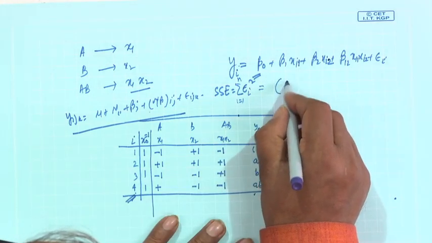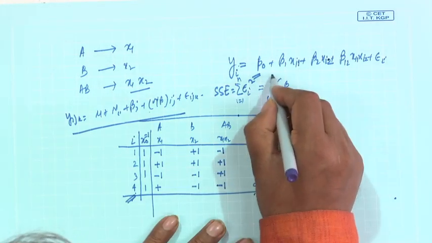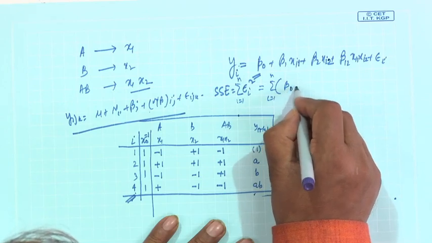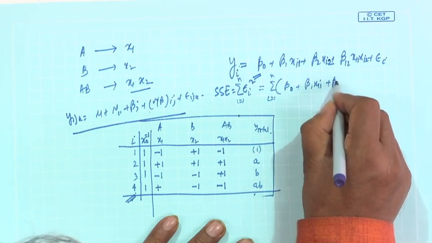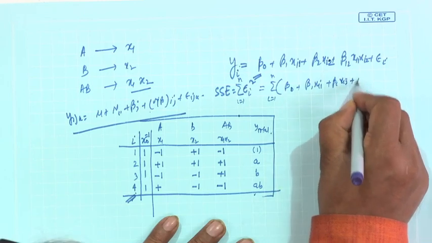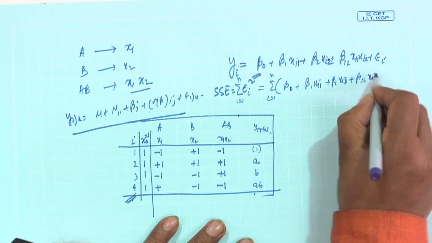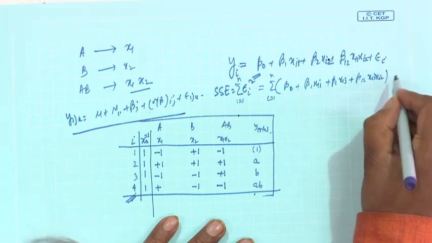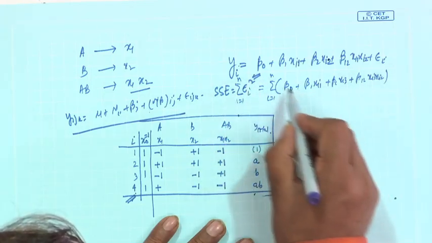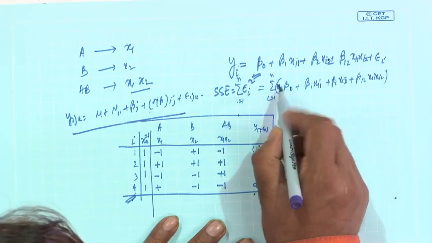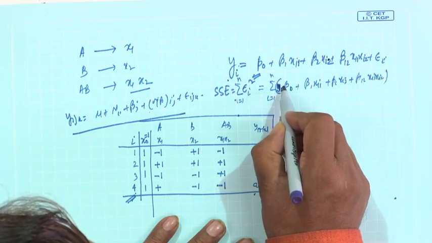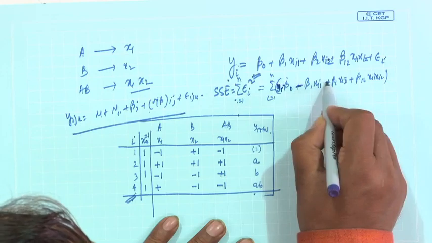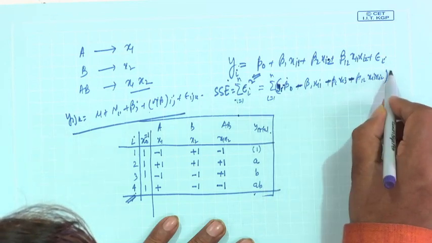This will be the sum from i equal to 1 to n of y_i minus beta 0 minus beta 1 x_i1 minus beta 2 x_i2 minus beta 12 x_i1 x_i2, all squared.